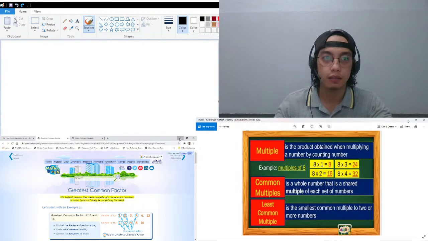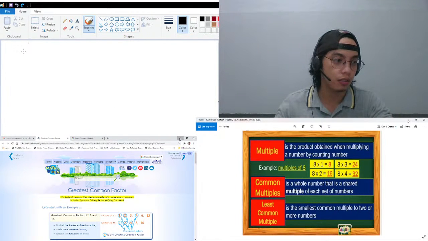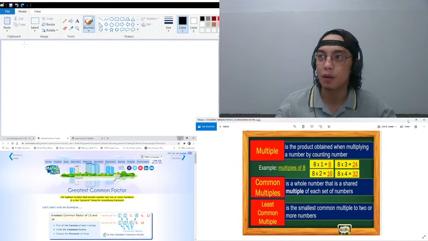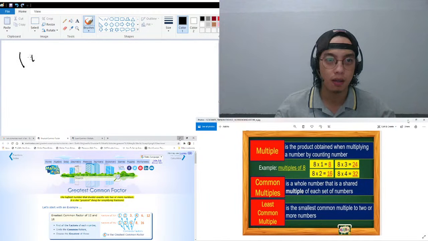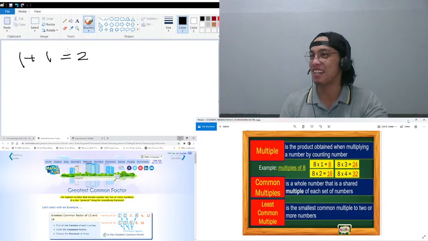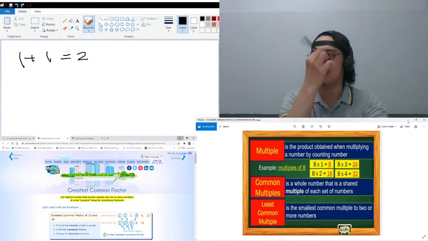Let's have a trial first on how to write using this pen tab. Okay, it's very sensitive. Oops, wrong. 1 plus 1 equals 2. At least that's understandable. I'll get the hang of this soon.